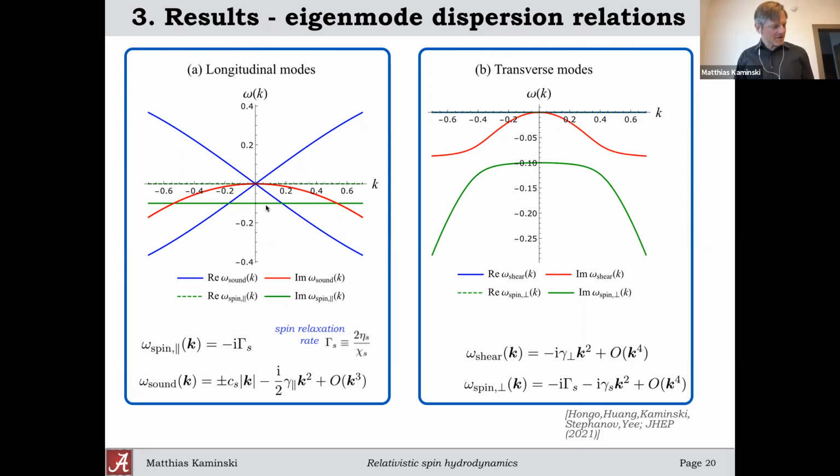Yes, we should definitely. And we should not. So we should worry about acausality to the same degree as we worry about acausality in standard hydrodynamics. The way I would think of it is, hydrodynamics is causal.